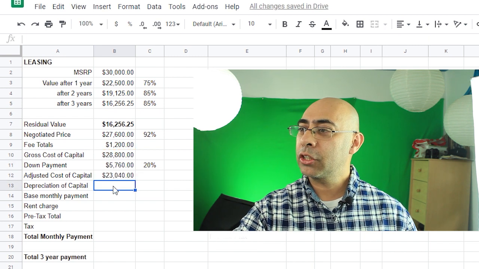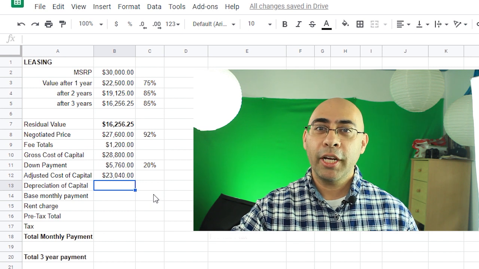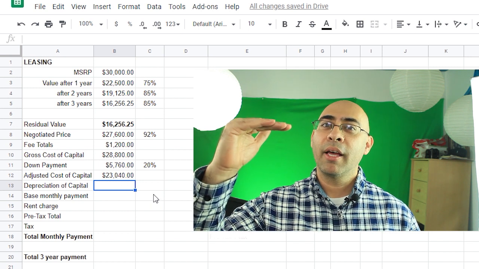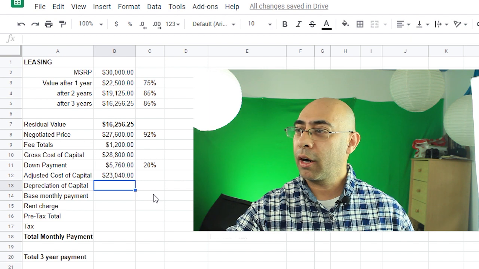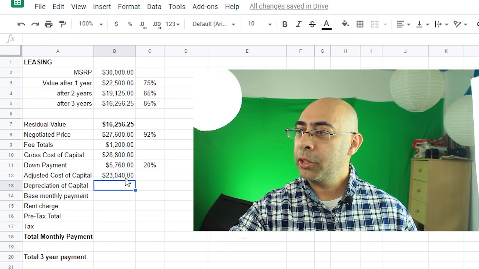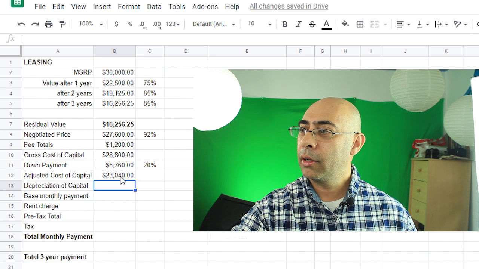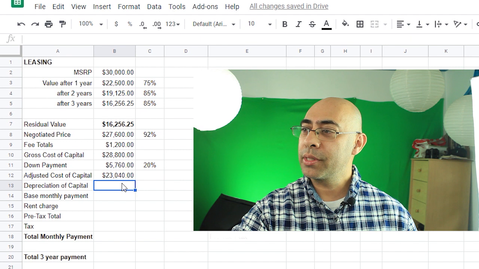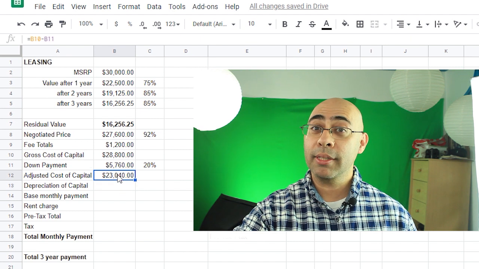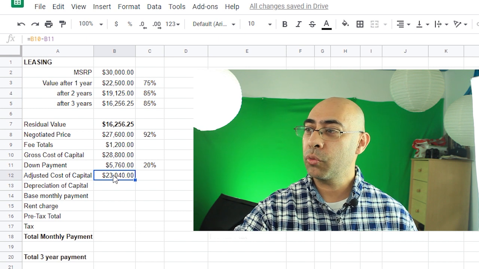Now the depreciation of capital. So the depreciation, again, just basically means the loss in value of the car. So the depreciation is the adjusted cost, and we have that adjusted cost right up here, $23,040, and take away the residual value. So this is how much you're basically spending on the car. Technically it's 28, but I guess they're nice if they're using 23.